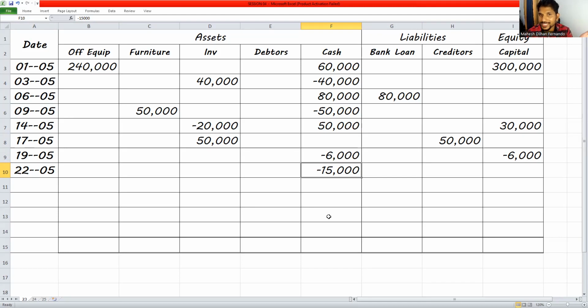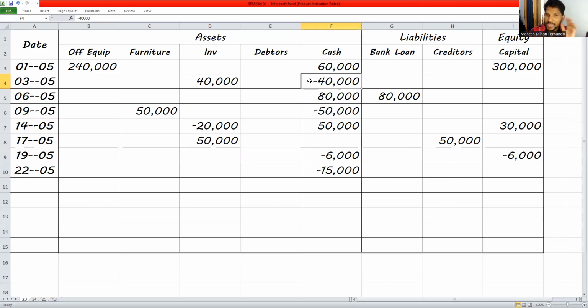I can provide two more examples. Here we have a minus 40,000. Have we recognized this as an expense? No. How do I say that it is not an expense? If this is an expense, I could have deducted it from capital equity, but I haven't.